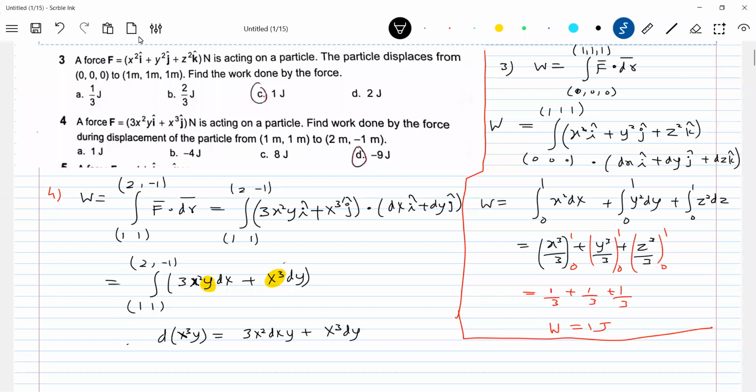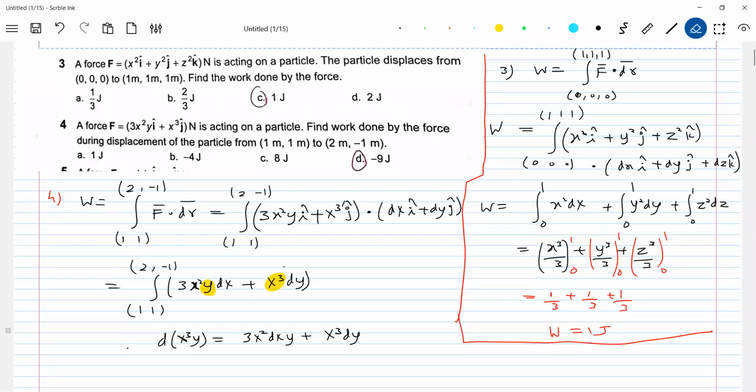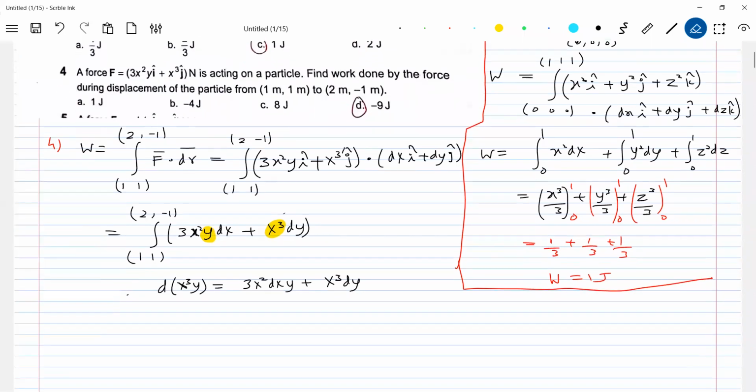Is it okay now? So what is this quantity now? This bracket term, what can you replace it with? The total bracket term, I can replace as the derivative of x cube y.